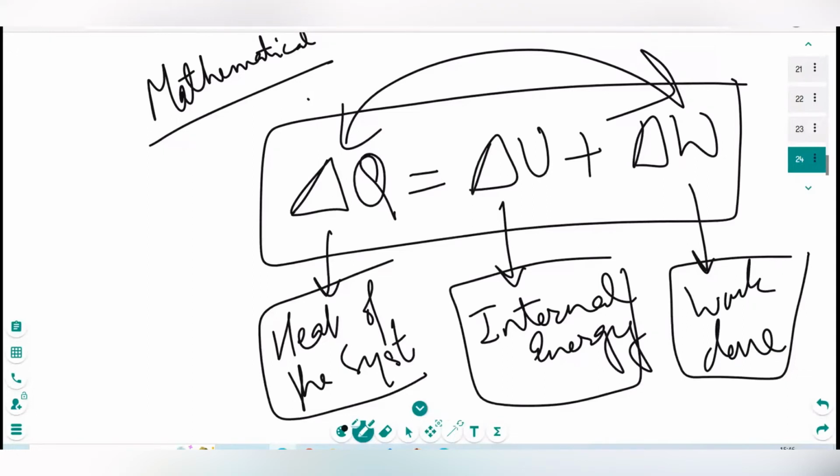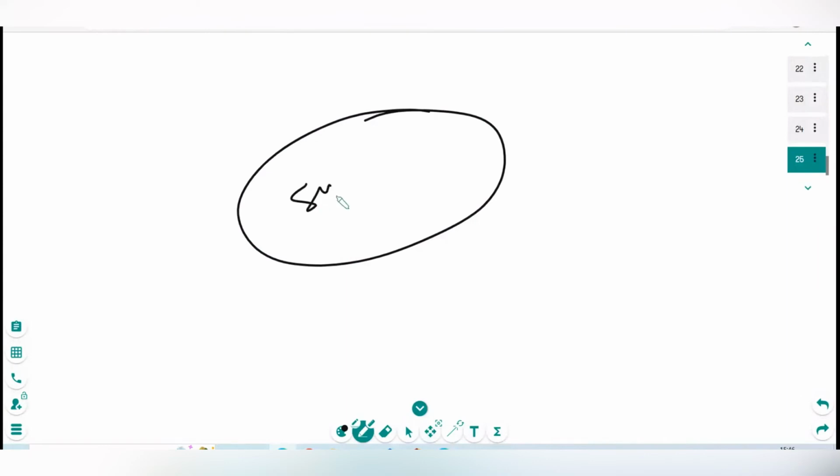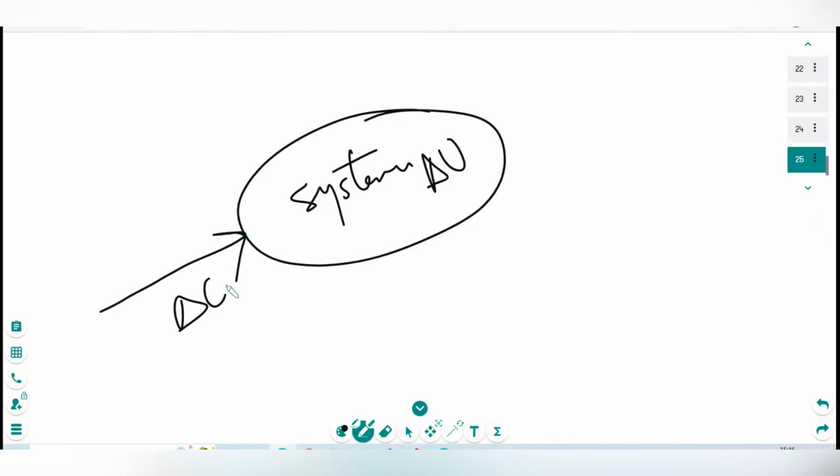If I have to talk in the form of a system, suppose this is a system, it can be any system. When I'm talking about systems, I'm talking about heat engines, refrigerators, Carnot's engine, all these kinds, which we will study also. This system, whatever it may be, has some internal energy. What happens when you apply heat to it? There is work done.